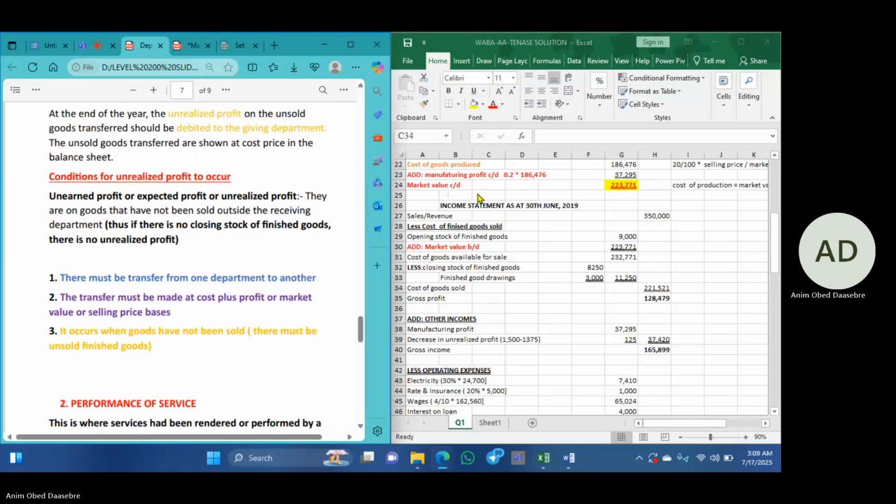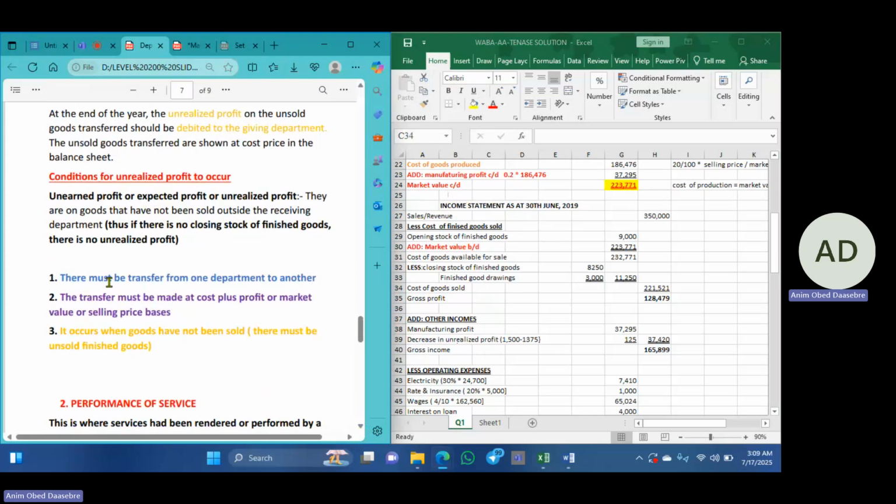You get it? Now, the idea is that when you sell this, you are going to get some profit on them. So for unrealized profit to occur, or for us to consider whether or not you have to get unrealized profit, there is something that we need to consider. Three conditions must be met for us to compute our unrealized profits.